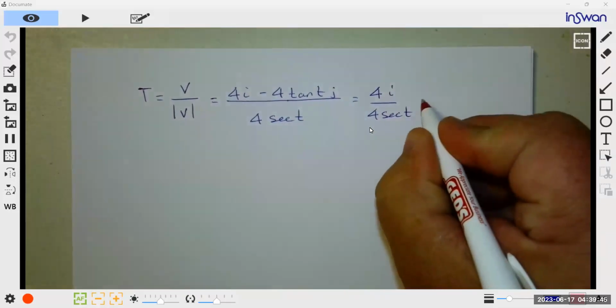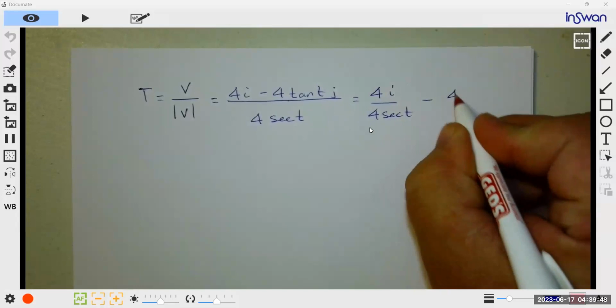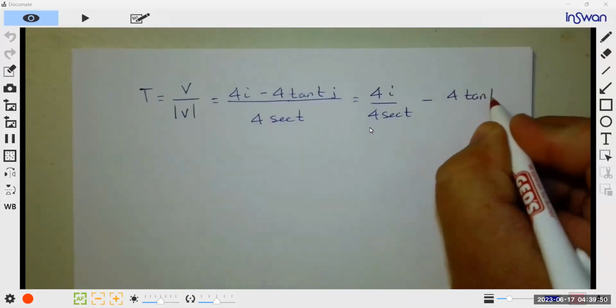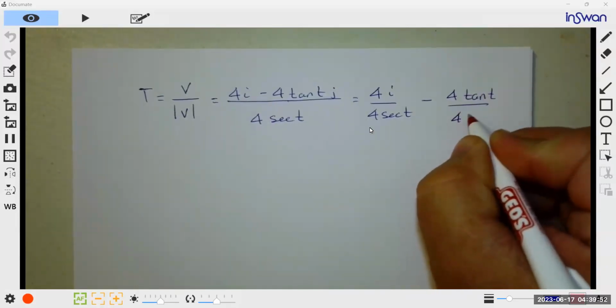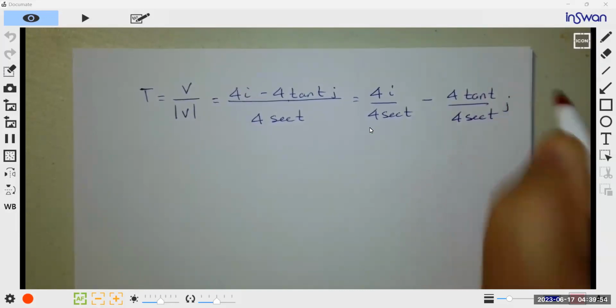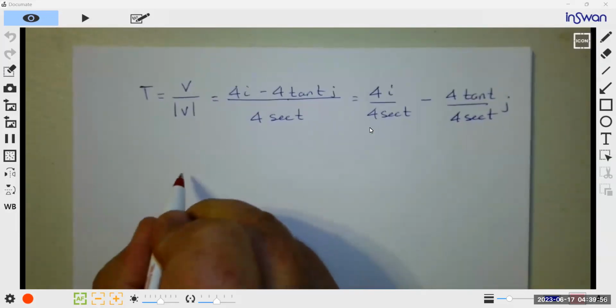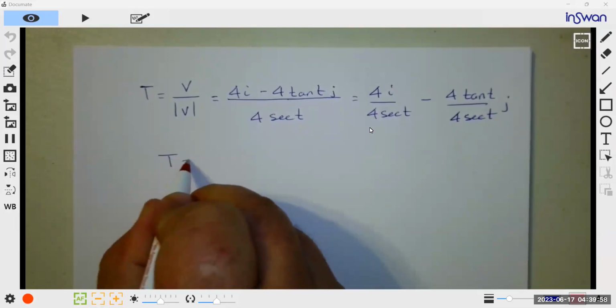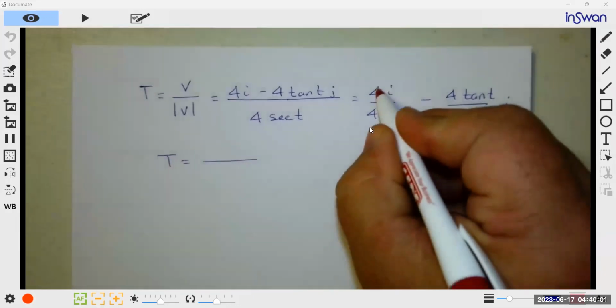Let's separate all these and simplify. The 4s cancel.